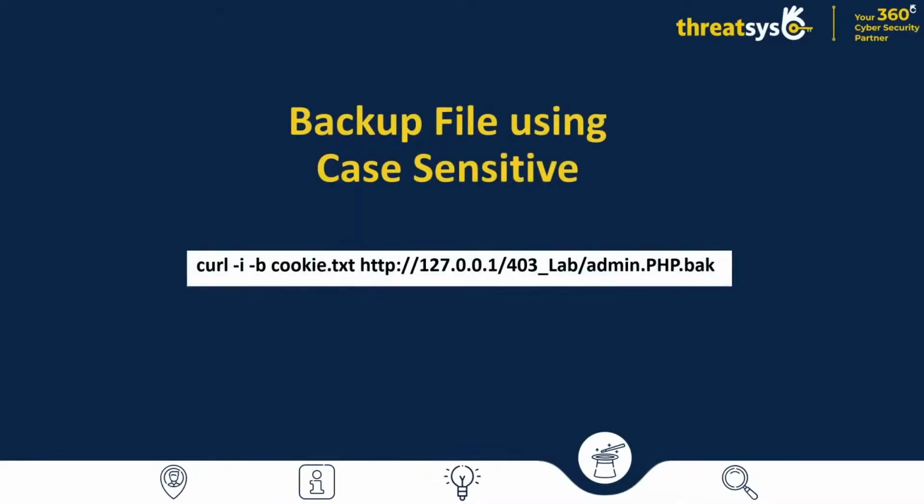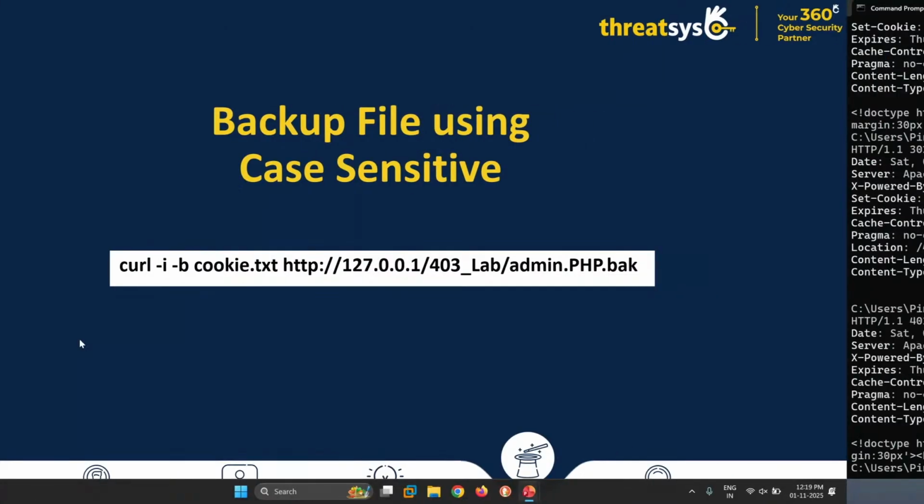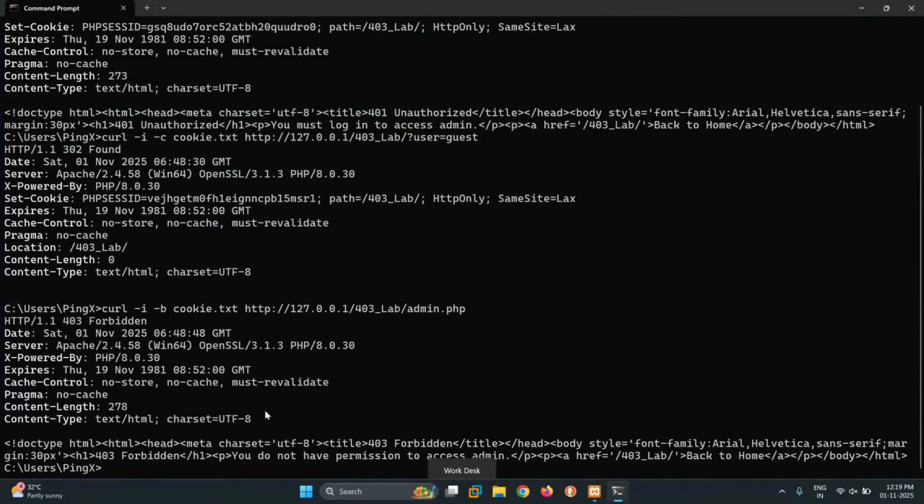So the first thing I will show you is the backup file, using case sensitivity. While you are getting a 403 forbidden, you can always check whether the server contains some backup files or not. To check this, we will directly look for an admin.php backup file.